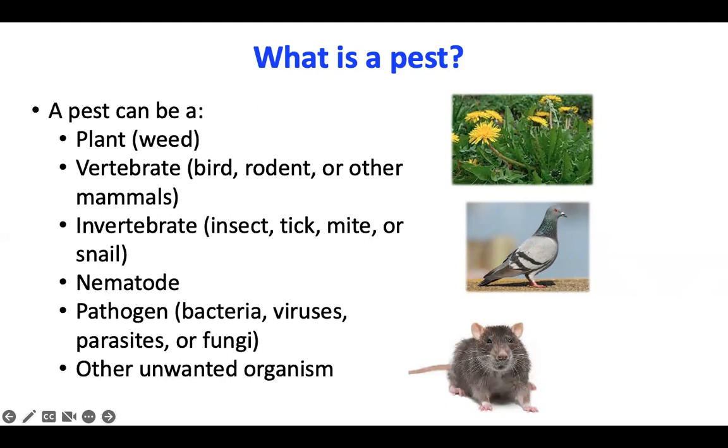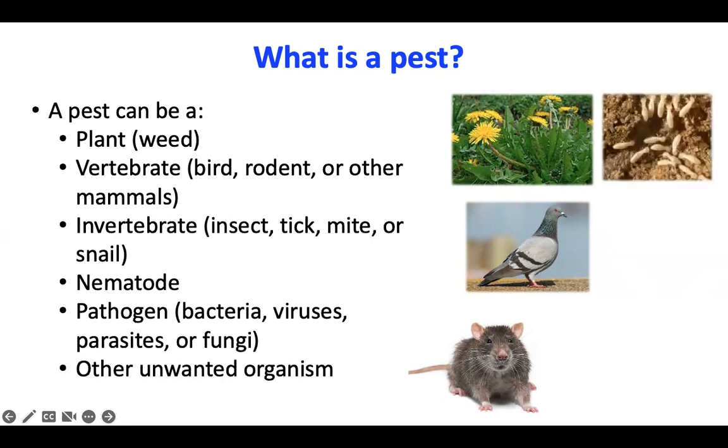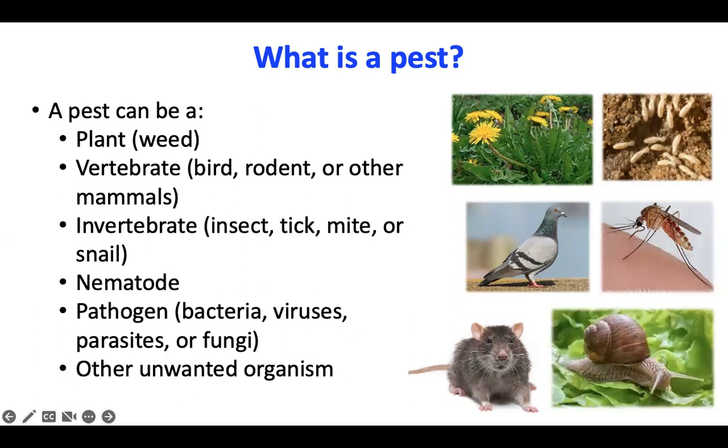Rodents are very common vertebrate pests, including house mice, roof rats, and Norway rats as commensal rodents. Termites are insects, which are invertebrates. They can damage structures. Mosquitoes can transmit disease-causing pathogens. They can be a vector, and so can ticks, and mites and snails as well.